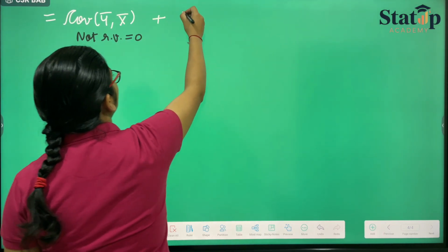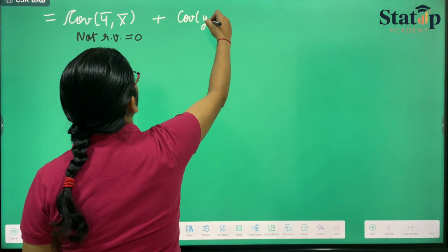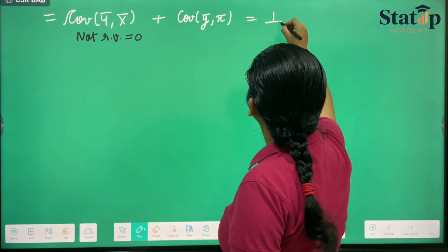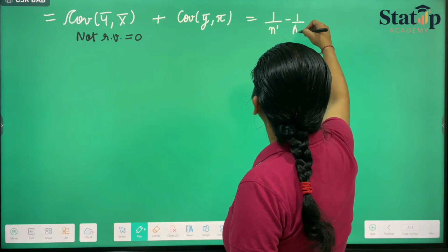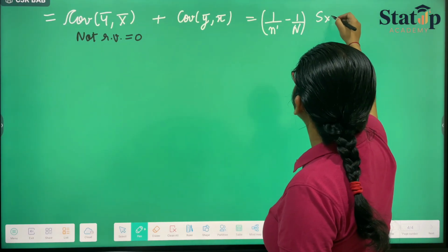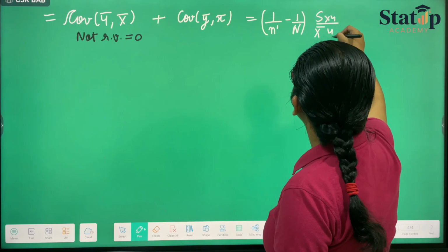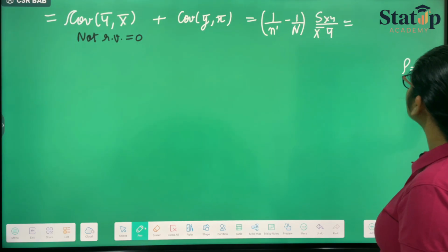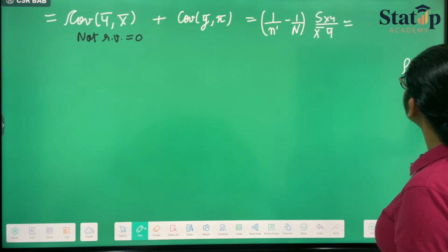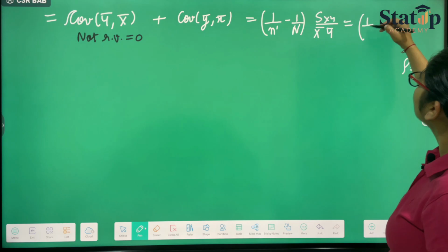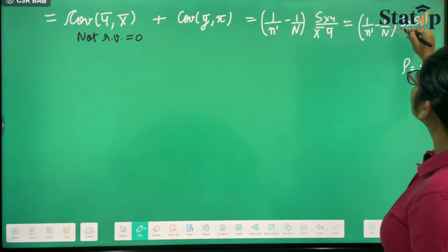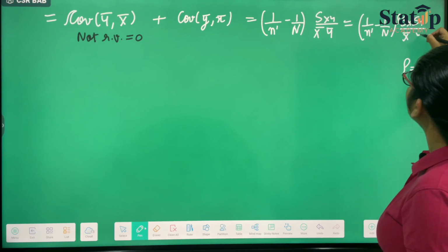And plus we get the covariance of y bar and x bar, which comes out to be 1 upon n prime minus 1 upon capital N sxy upon x bar y bar. Now we know that rho is equal to sxy upon sx sy, so this is 1 upon n prime minus 1 upon capital N rho sx sy upon x bar y bar.